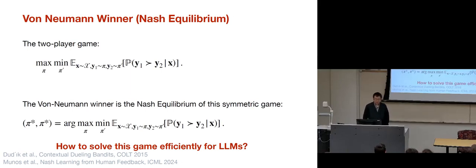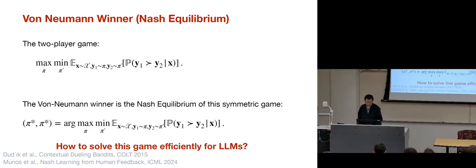And for this constant-sum two-player game, we know there exists a Nash equilibrium, which is a policy pi star. And this pi star is the policy for both the max player and the min player. And this is the best policy for each of these players in response to the other player's best policy.